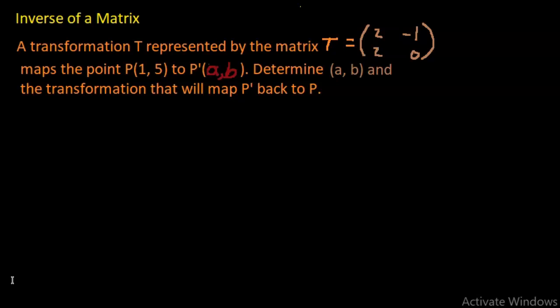So sometimes we use matrices to represent transformations. The matrix T maps (1, 5) to (A, B). What do we mean by maps (1, 5) to (A, B)?